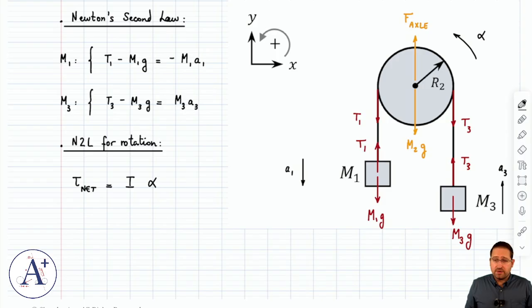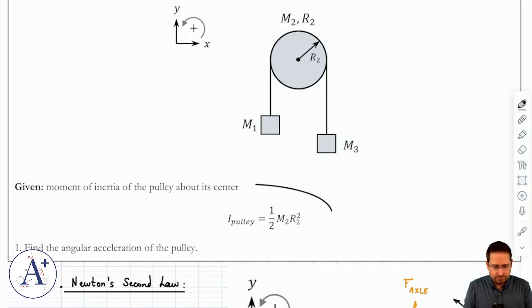Now I have to choose a pivot. I can choose any point I want to be the pivot. But what I'm given is the moment of inertia of the pulley about its center. So if I choose the center as my pivot, I already know my moment of inertia. I can use it as is. All I'd have to do is compute the net torque about the pivot, which is doable.